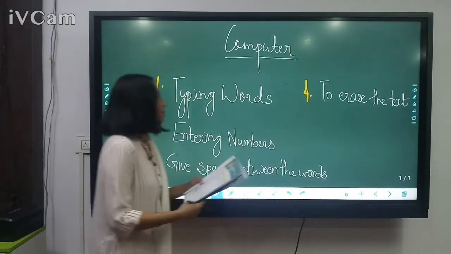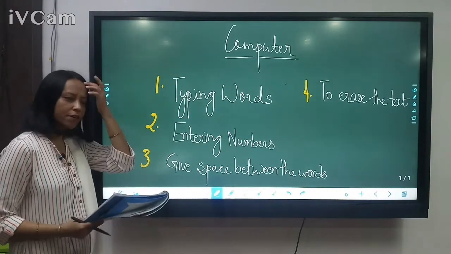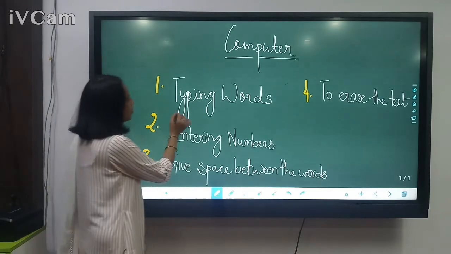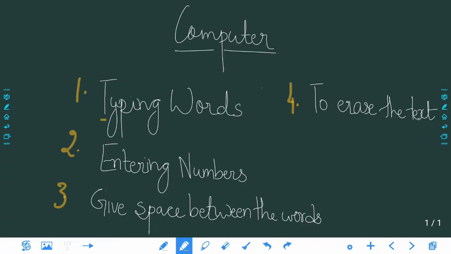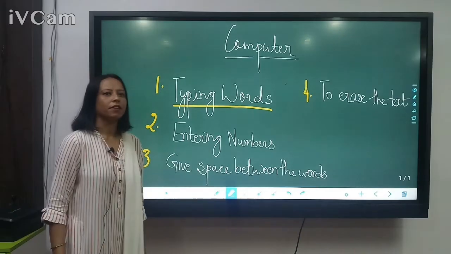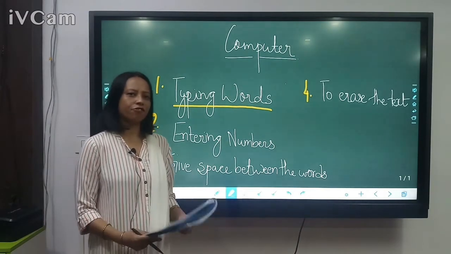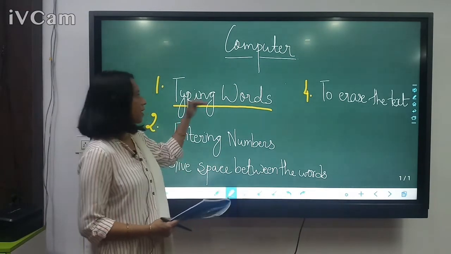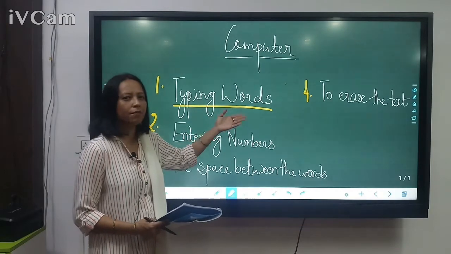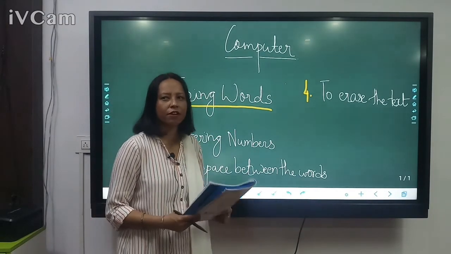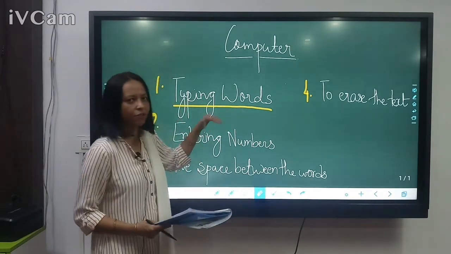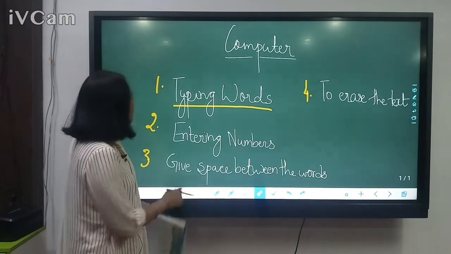These are the things that we can do by using a keyboard. That is typing words. We can type words, your name, class, section, roll number. You can type your school name, or you can type any story or whatever you like, by using your keyboard. You can enter numbers also.